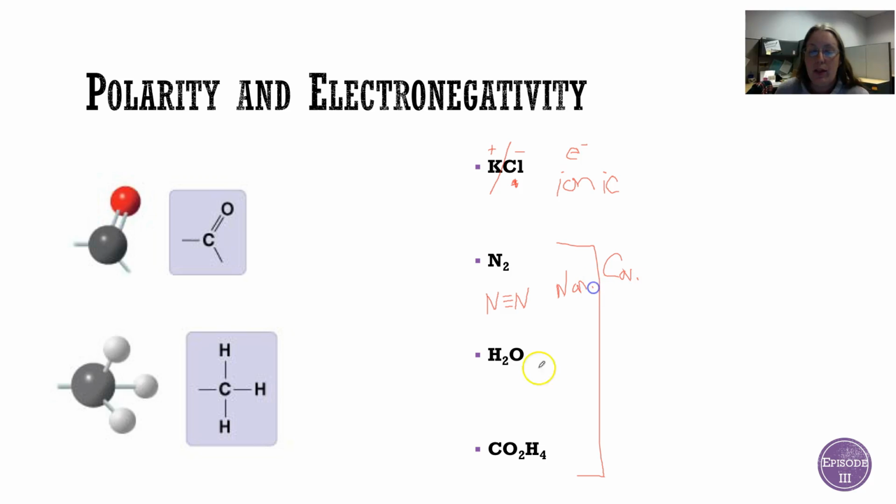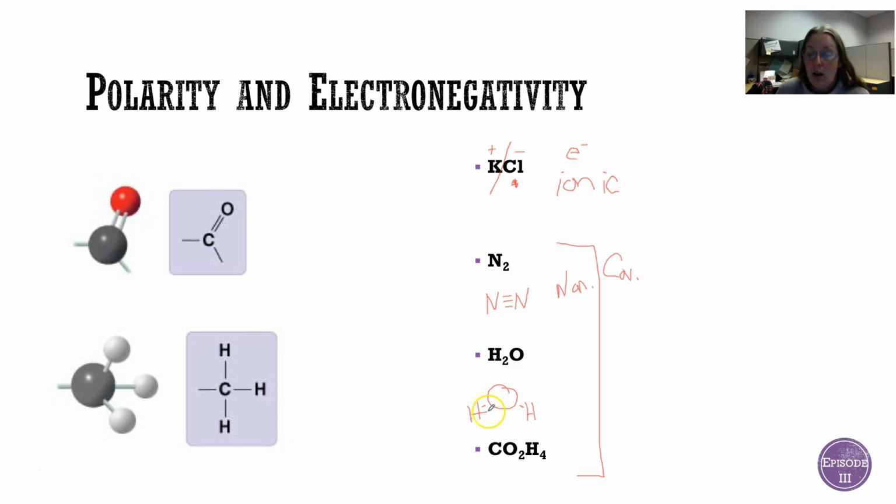Okay, so nonpolar covalent. H2O is a classic example of a polar covalent bond because you have oxygen, 2 hydrogens, and when you compare these two different elements, you find that oxygen is much more powerful, much more electronegative than our hydrogen. So in this case, we end up with uneven sharing of the electrons.